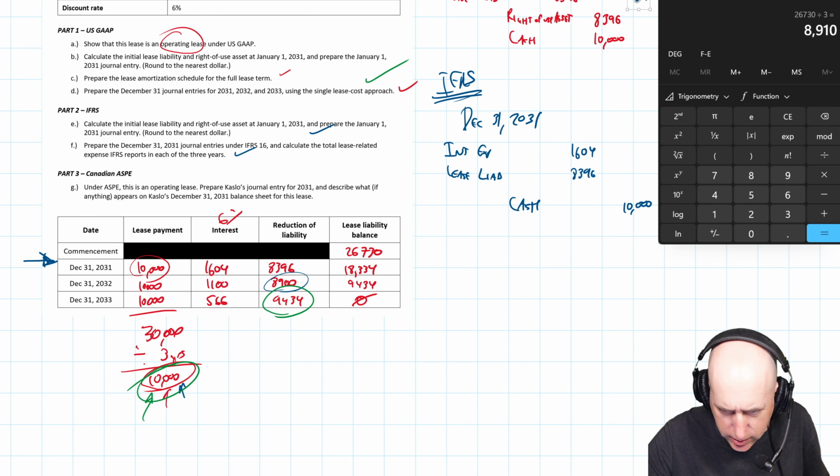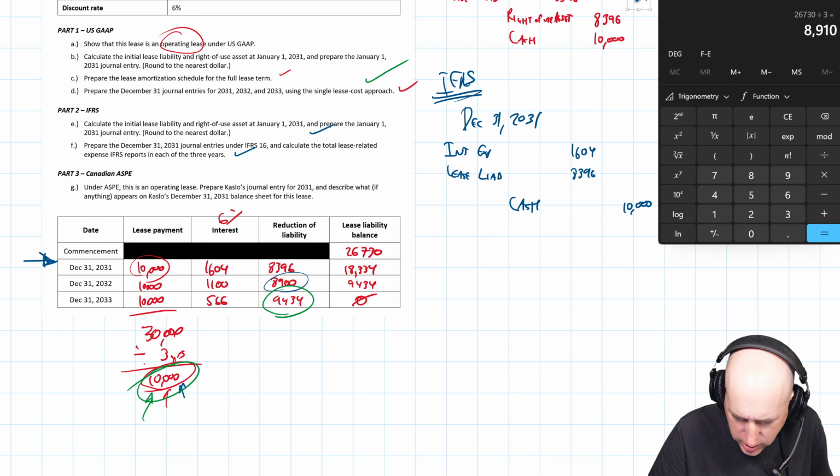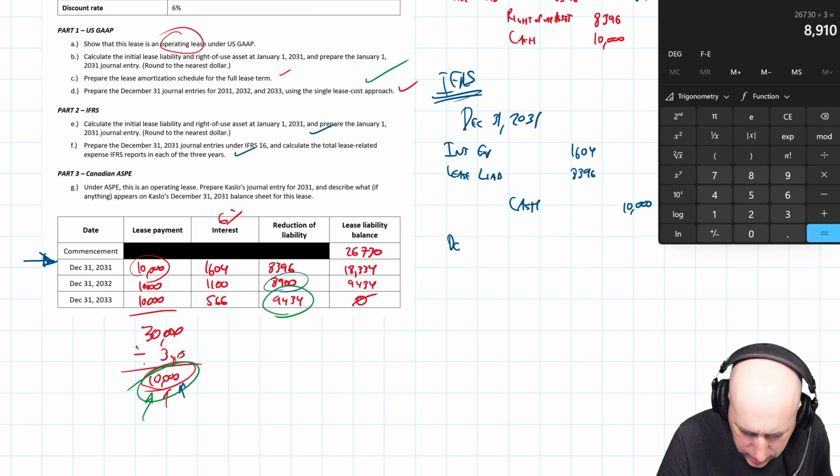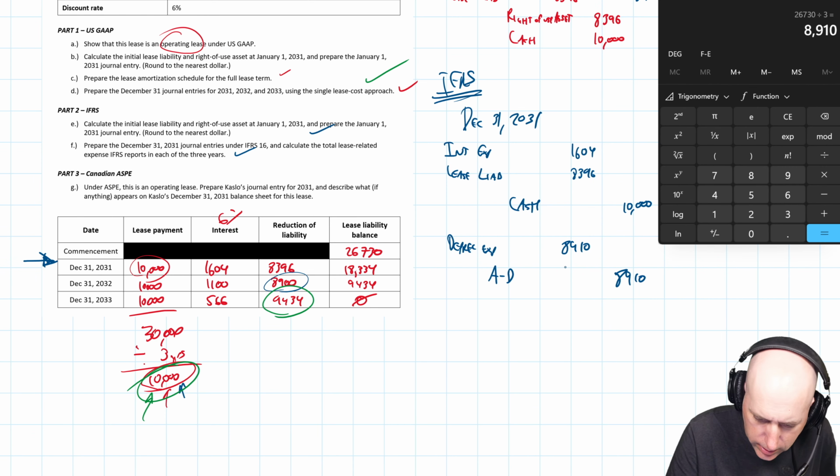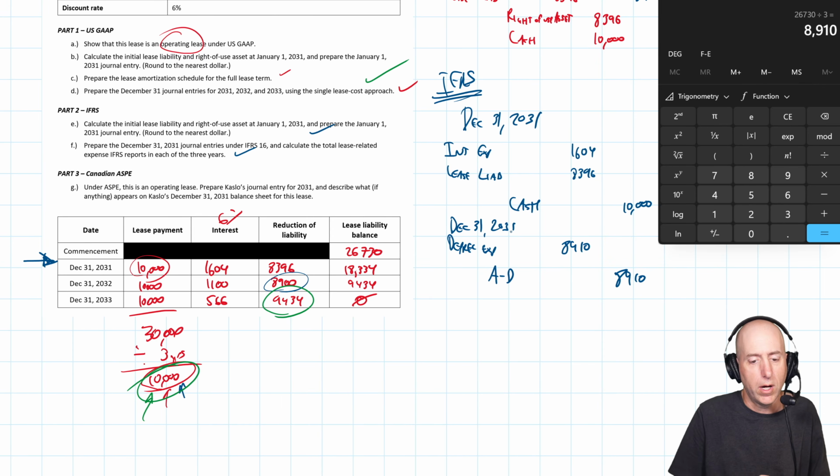We debit depreciation expense. We credit accumulated depreciation for $89.10. And that's on December 31st, 2031.